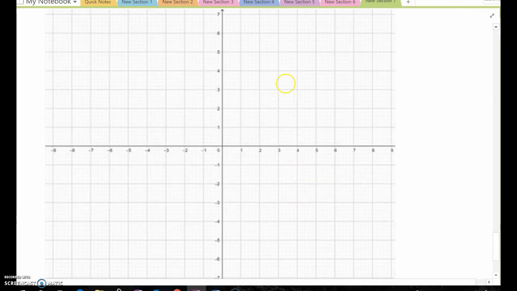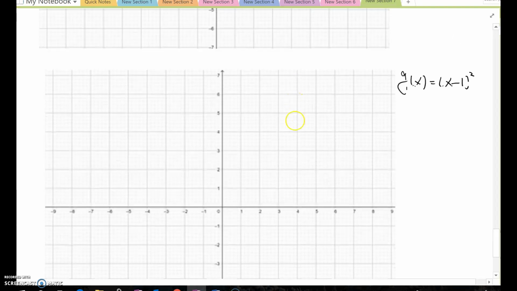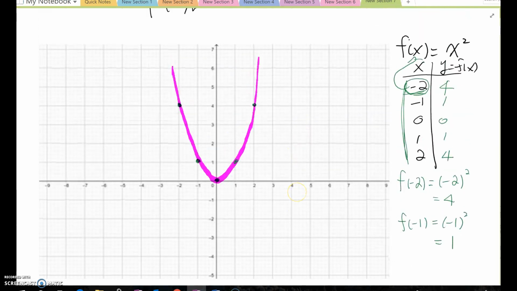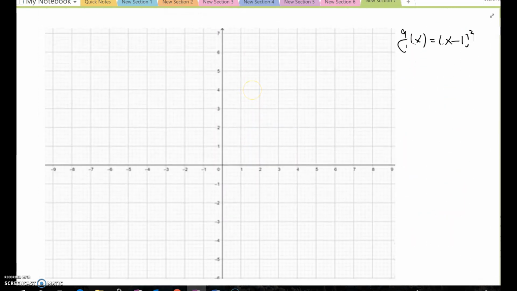Then let's think about another function. So maybe g(x) equal to (x minus 1) squared. I'm gonna choose similar values from the f(x) function. I chose -2, -1, 0, 1, and 2, right? So I will choose similar values and then find a few ordered pairs as well.